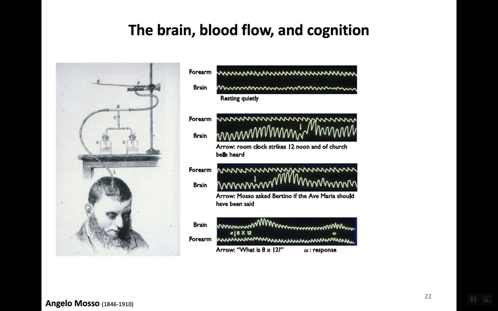So Angelo made clever use of that to measure blood flow and blood pressure in the brain along with other parts of the body. And interestingly enough, what he noticed was that there are changes in blood pressure as a result of certain tasks or certain changes in circumstance with regard to the patient. What do I mean by that? Well, he measured blood pressure while the patient was resting quietly and comfortably.